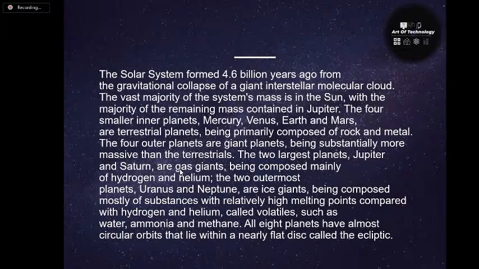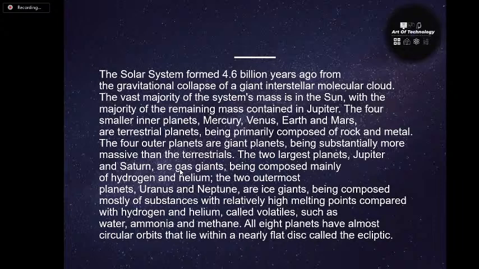The vast majority of the system's mass is in the Sun, with the majority of the remaining mass contained in Jupiter. The four smaller inner planets, Mercury, Venus, Earth, and Mars, are terrestrial planets, being primarily composed of rock and metal. The four outer planets are giant planets, being substantially more massive than the terrestrials.